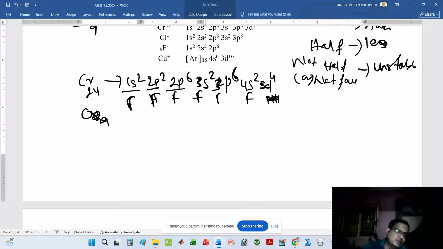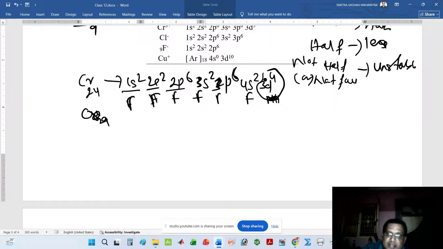Look at that. If you think about chromium, except 3d, all orbitals are stable. If 3d were stable, then all the orbitals would be stable and finally the chromium atom would be stable. Only due to the 3d orbital, the atom is unstable. No doubt all other orbitals are stable, but since 3d is unstable, the chromium atom is unstable.